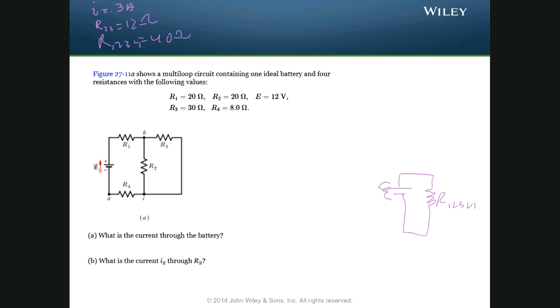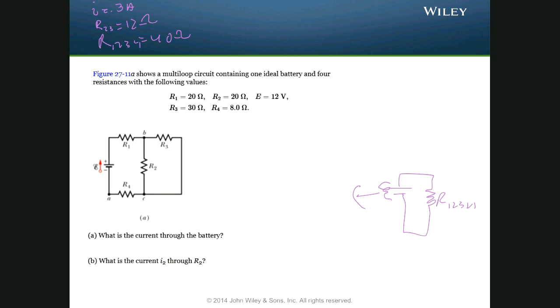But now what we want to do is break the circuit apart. So now we have to go back. We want to decompose again, because we can't just start from the circuit and get it. In fact, we need to go all the way back to our equivalent circuit to break it down. But we want to keep everything in mind here, because we did find that the current through the battery is 0.3 amps.